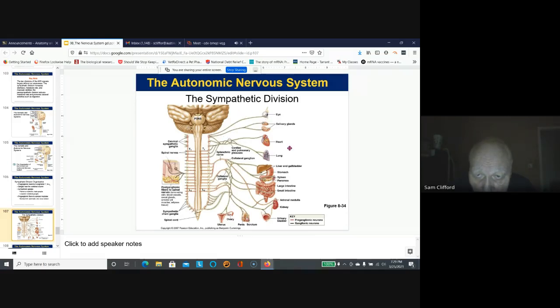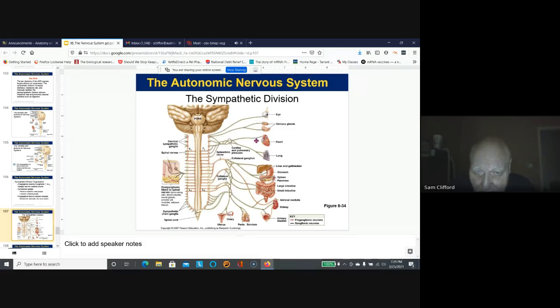So taking care of danger: accelerating heartbeat, breathing more quickly, shutting down your digestive tract and urinary bladder when you need to deal with a dangerous situation. So again, the heart beats on its own.